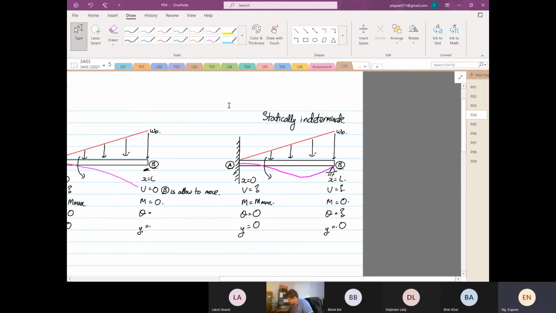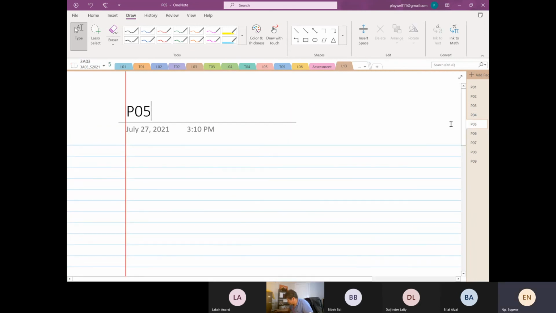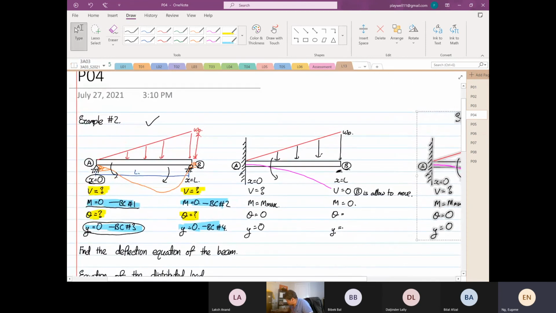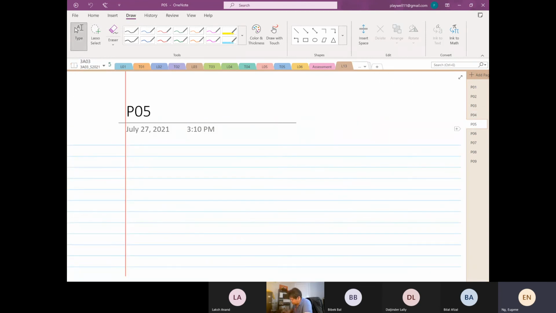So let me do this example. So this is our example. The one is example 2. We will look at example number 3.